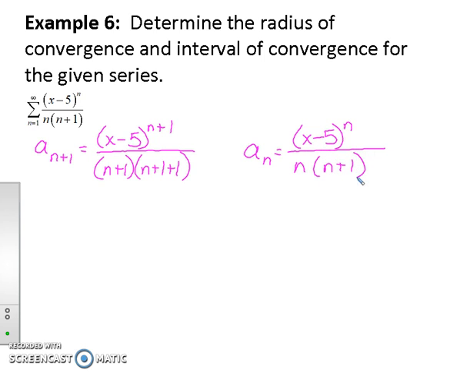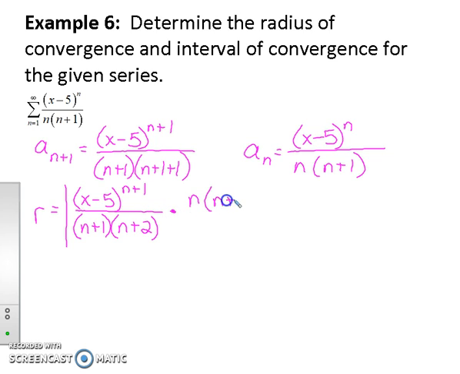So that makes my common ratio the absolute value of (x minus 5) to the n plus 1 over n plus 1 times n plus 2, and then times the reciprocal of a sub n, so that would be n times n plus 1 over (x minus 5) to the n.